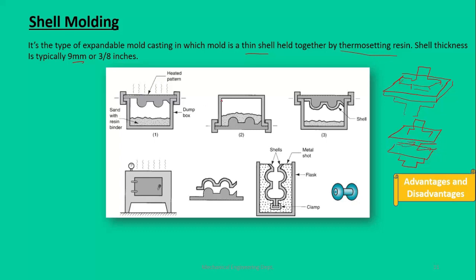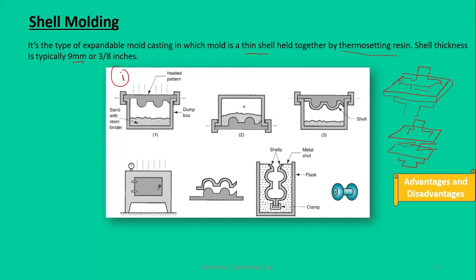So in shell molding, we have a match plate or cope and drag pattern, and in the first step we heat the metal pattern and place it over the flask. That flask is filled with sand mixed with resin or binders.